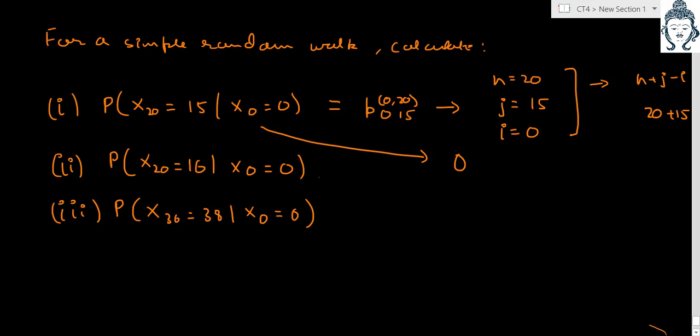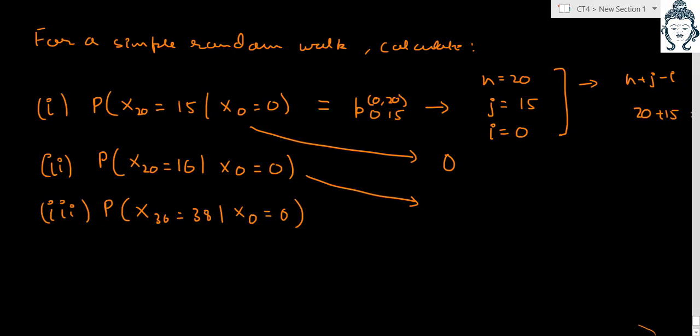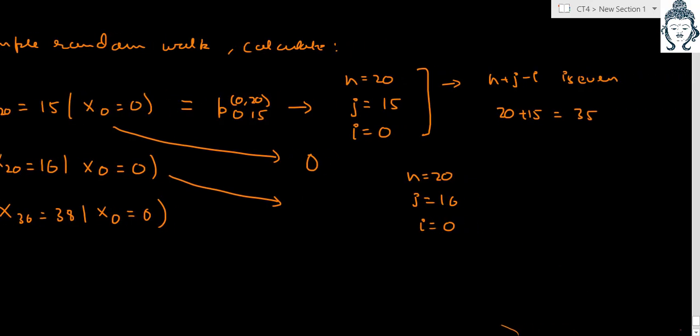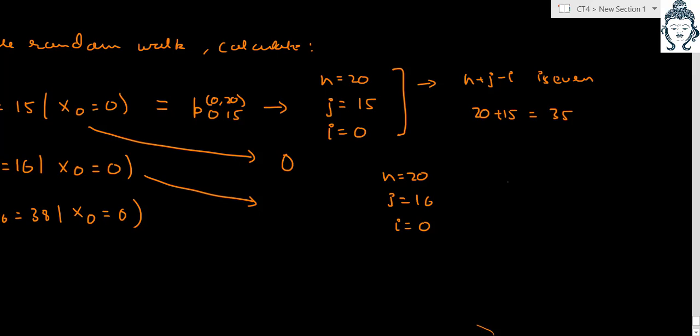Now let's see the second one. Let's check everything. Here n is equal to 20 again, I want it to happen in 20 steps, j is equal to 16 and i is equal to 0. So n plus j minus i is even this time. It is 20 plus 16 minus 0, that is 36, which is even.